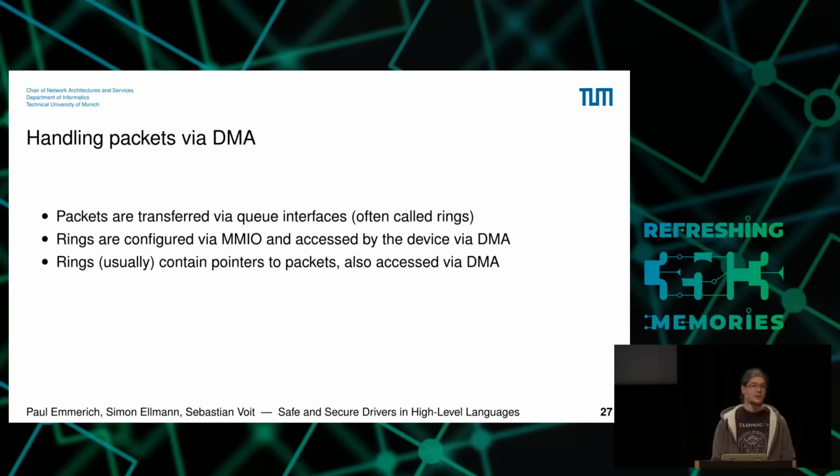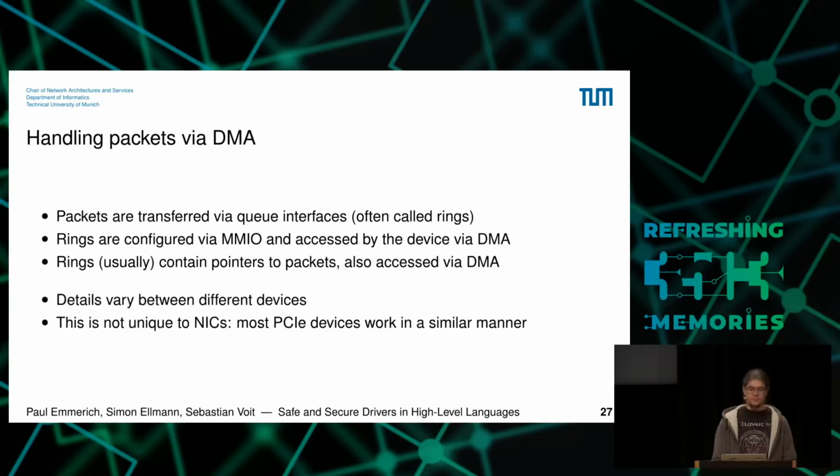These rings then usually contain pointers to packets, and these packets are then also accessed via DMA. The details vary a bit between cards and devices, but this process is not unique to NICs. This is pretty much the same thing for all PCIe devices. They all kind of work similar.